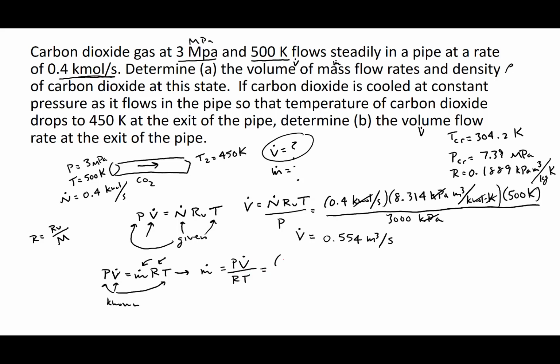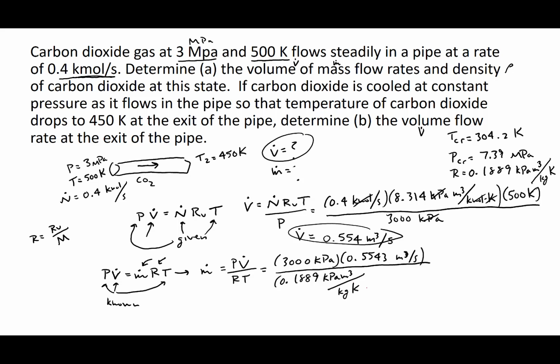This is equal to the pressure, 3,000 kilopascals, multiplied by 0.5543 meters cubed per second, which is what we calculated up here, divided by R, which is 0.1889 kilopascals meters cubed per kilogram Kelvin, multiplied by the temperature, which is 500 Kelvin.